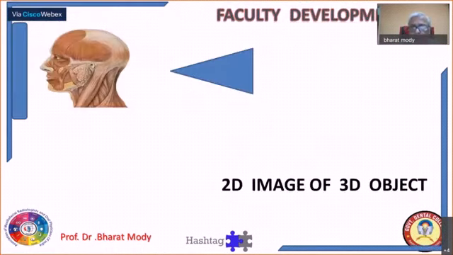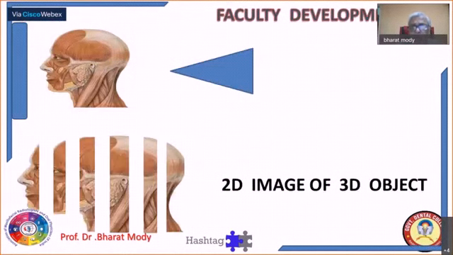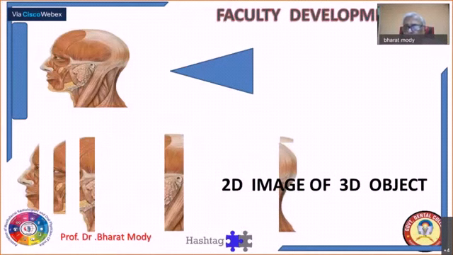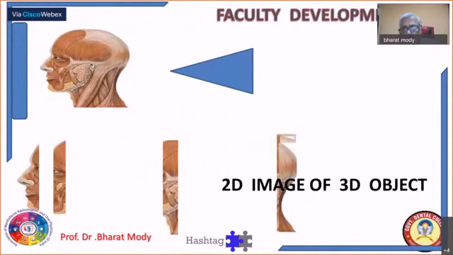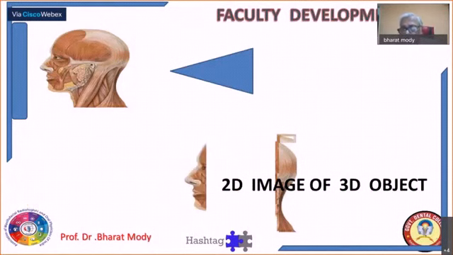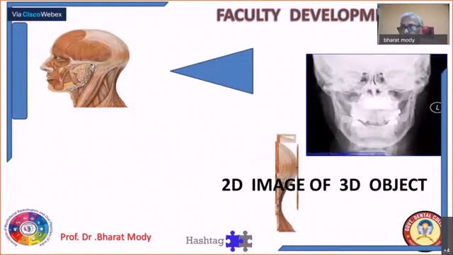If you want to show how a 2D image or 3D image is being done, you can say that they are all slices of the human body, which are getting compiled one on top of another, and that is how that image comes.